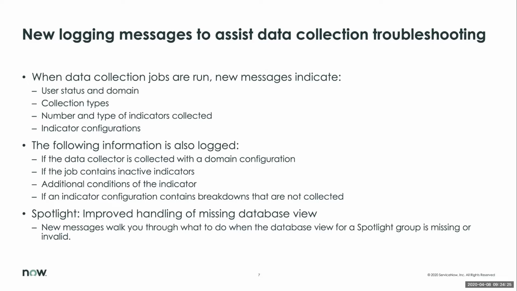So for example, if you have a domain separated instance, we log your domain configuration. We show you whether or not the job contains inactive indicators, preventing some frustration potentially because you were thinking, hey, why is it not collecting? Show you the additional conditions, so you easily can see what the condition was that was being run.